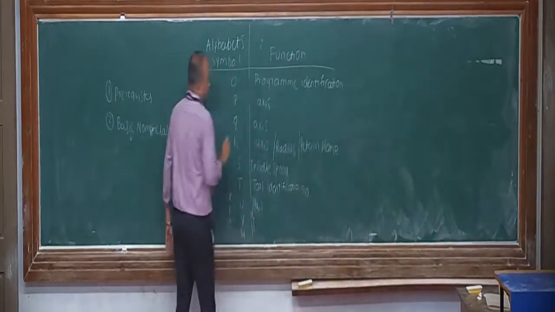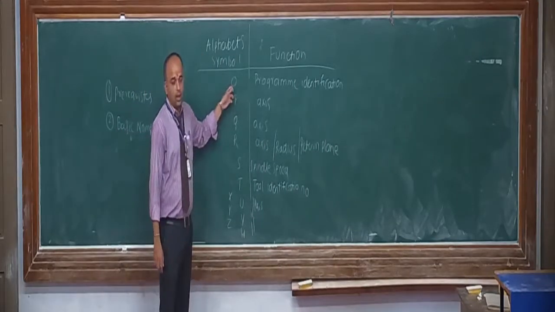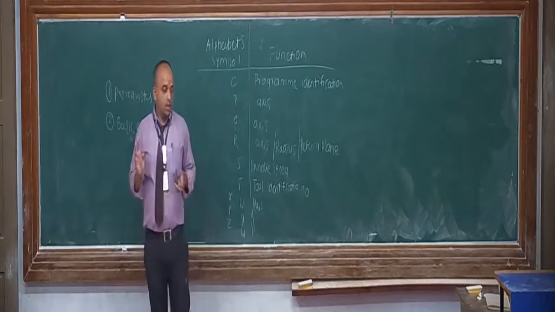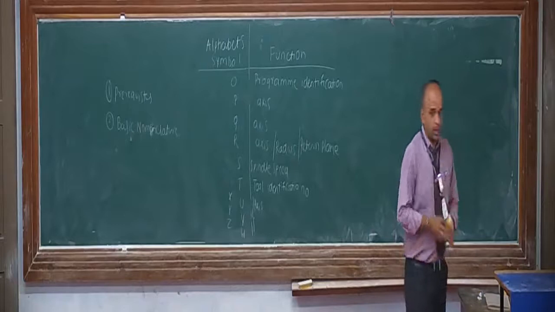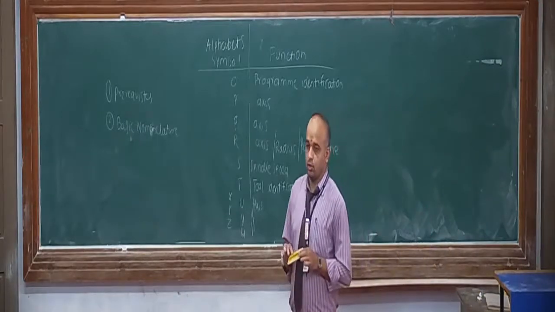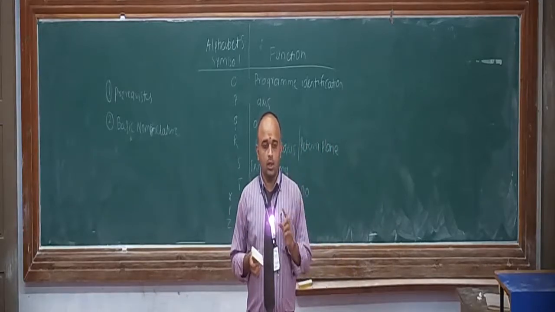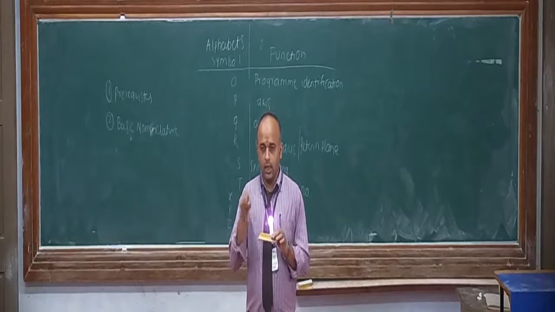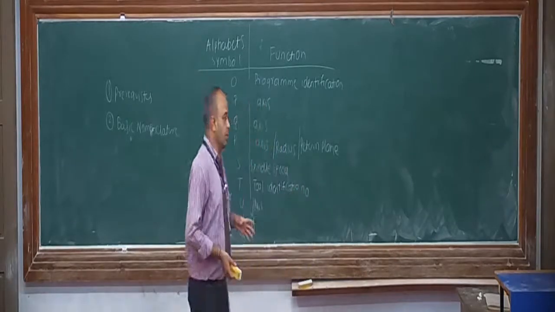In any program, we identify the program by O. For example, suppose this is a component for which I want to write a program. We write capital O, and suppose the part number is 1000. So O1000 means the program is pertaining to this component only. So identification is done by capital O.